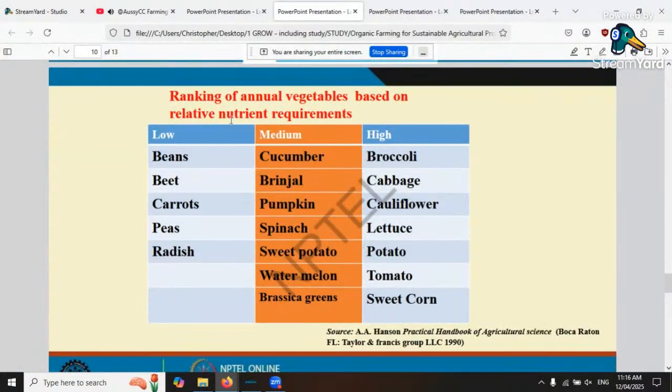Ranking annual vegetables based on their relative nutritional requirements. So if you want to start your farm off, you'll be thinking, how am I going to get into this? Where your farm's located, you can only geographically grow so many species of fruit and veg. So look into which ones are suitable for your environment.